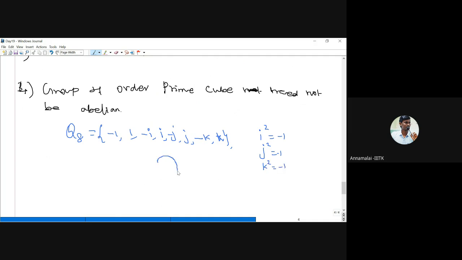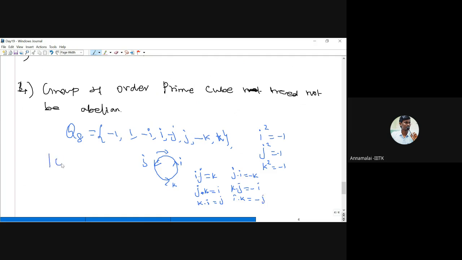In the circle notation, suppose this is i, this is j, and this is k. In the anti-clockwise direction, i into j is k, j into k is i, and k into i is j. But in the reverse order, j into i is -k, k into j is -i, and i into k is -j. This is the multiplication in this set.